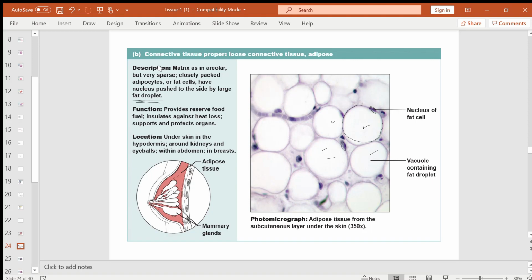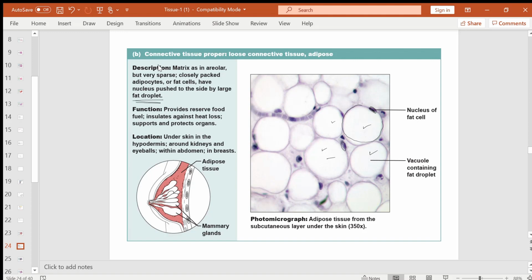So this is adipose, where you will find a lot of fat tissue in the mammary gland or female breast, under the skin, particularly in female body. You'll see a lot of fat under the skin, that is called the subcutaneous fat, right? Under the wall of the abdomen, you have a lot of fat.